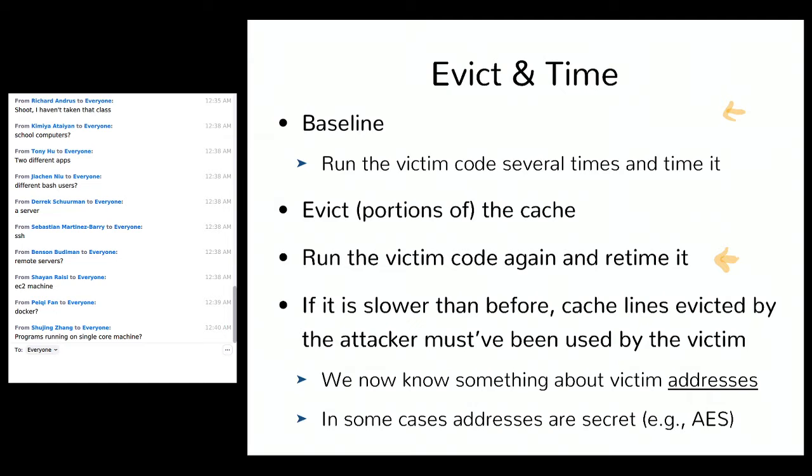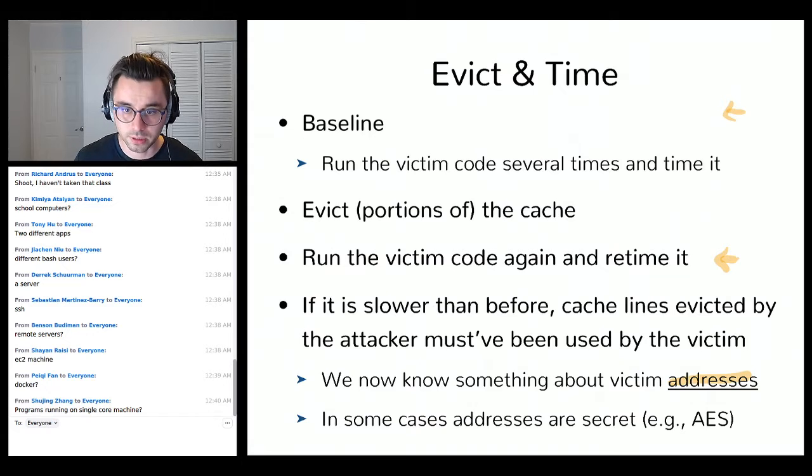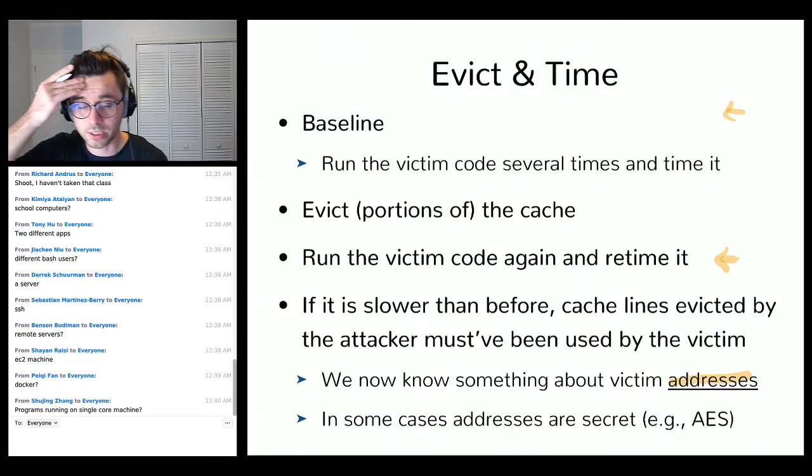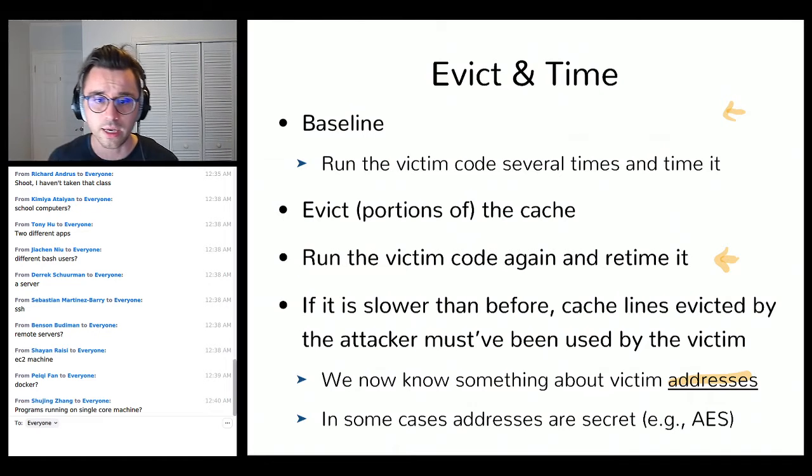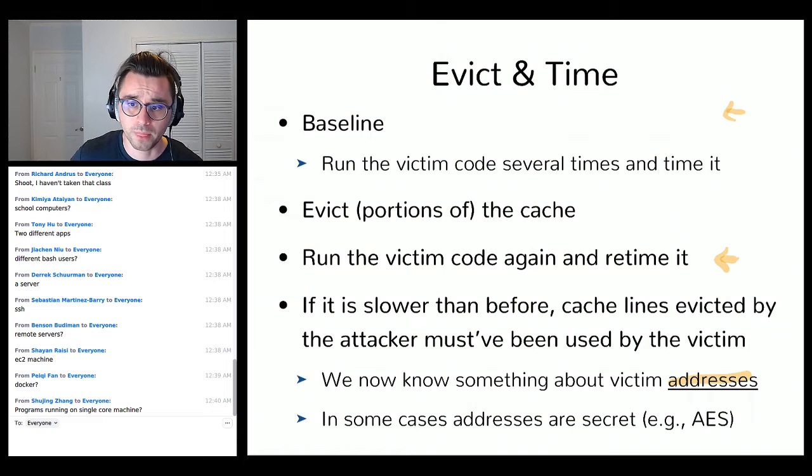What this tells us is some information about the addresses that were evicted by the victim. So we learn something about that particular program's access patterns. And sometimes these addresses can actually be secret. For a while, AES, one of the standard encryption algorithms, was implemented using tables.